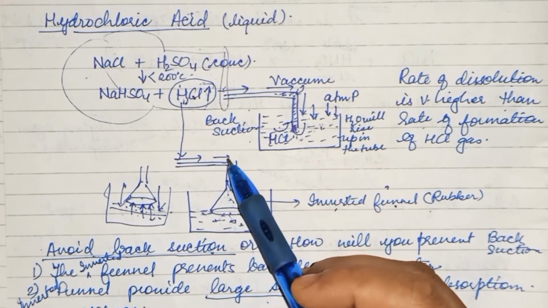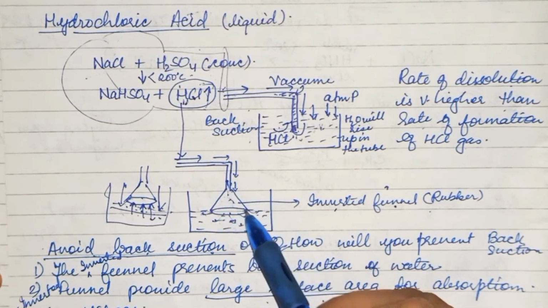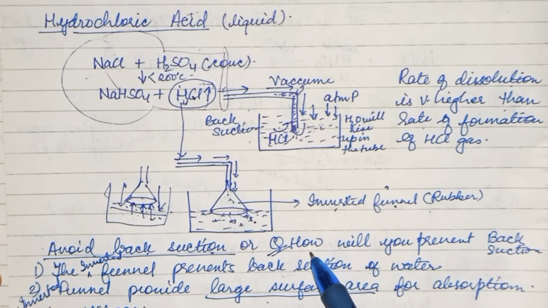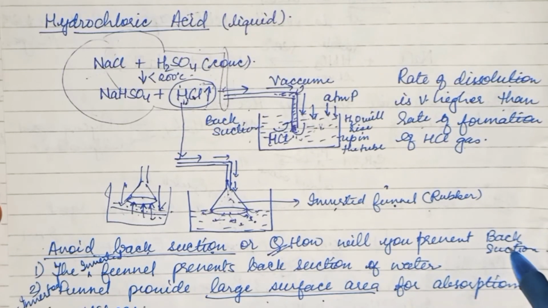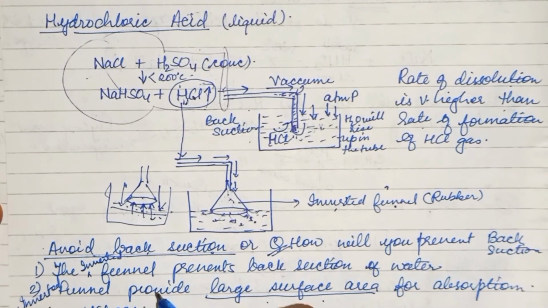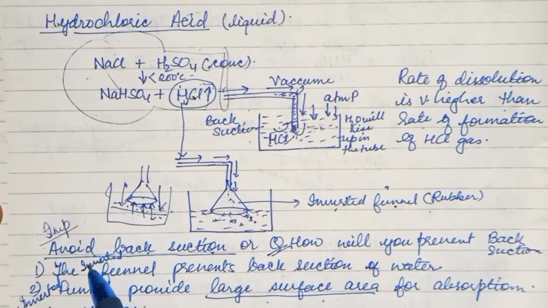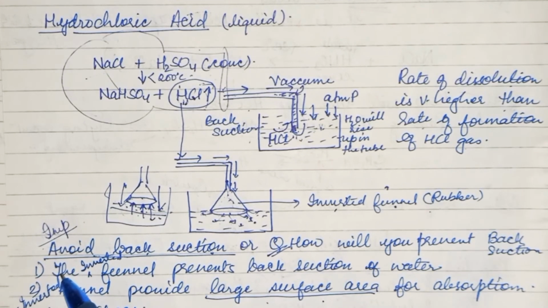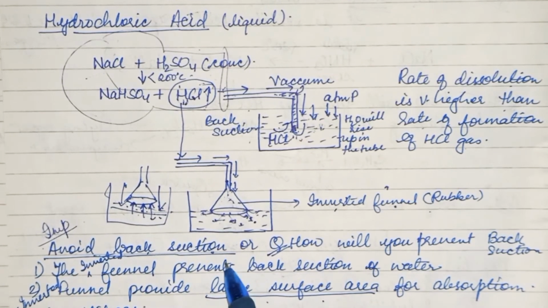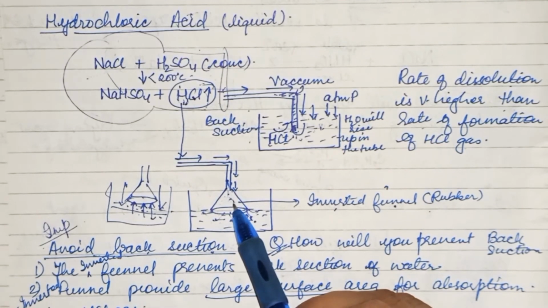So one question arises from this experiment on dissolution of HCl gas: how will you prevent or avoid back suction? This is an important question for your exam. First, the inverted funnel prevents back suction of water. Here we have added the inverted funnel.